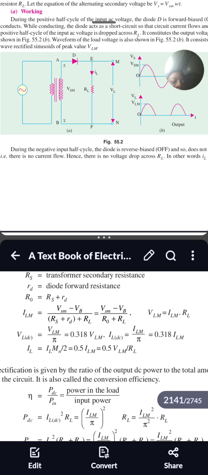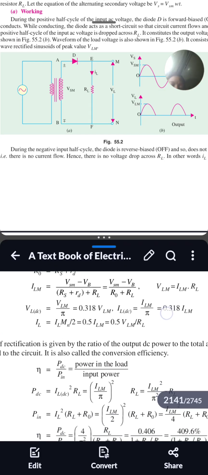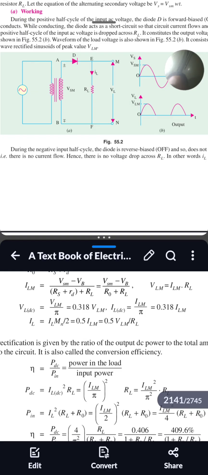IM equals VM over all the resistance: RL, RS, RD, RF, any R they give you. You are going to add everything, then get your IM. Remember, you can get your VSM from your RMS voltage for the secondary. That means you are going to multiply it by root 2. So let's continue from there.